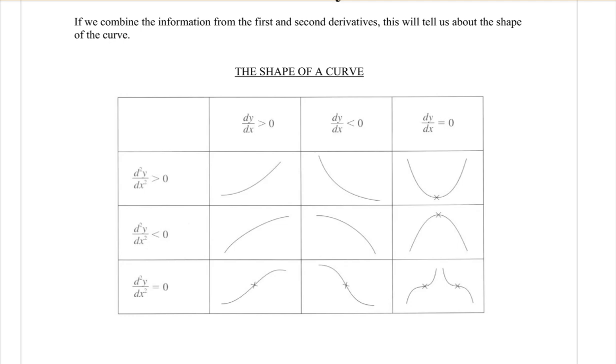So if it's greater than 0 on both sides, that's just that kind of curve there where the gradients are positive on both sides. If the gradients are negative on both sides, then I'm going to have that. If the first derivative is equal to 0 as well as the second, so first and second derivative are both equal to 0, then it will be a special type of point of inflection which we call a horizontal point of inflection, where it comes all the way down to 0.